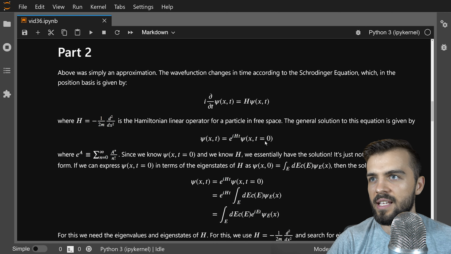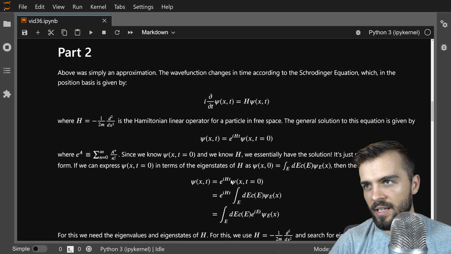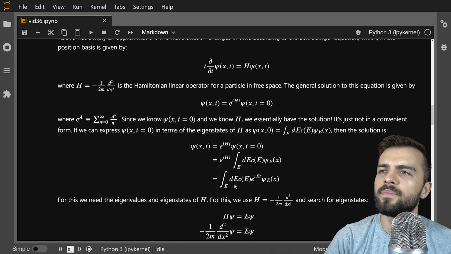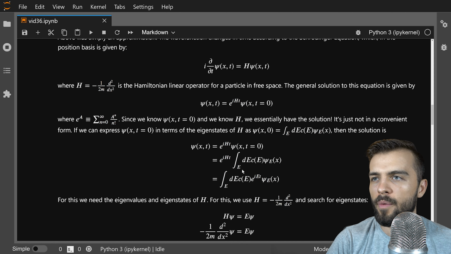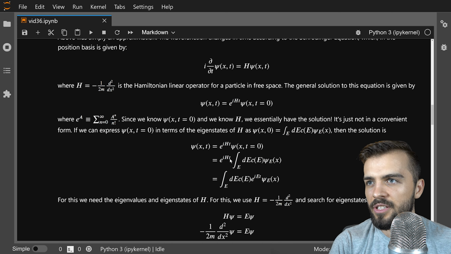Well, here's psi of x, t, what I have written above, e to the iht, psi of x, t equals 0. Then I expand it in this format here, right? And then I bring e to the iht inside this integral. So it doesn't work on the dE, it doesn't operate on the c of e. It goes to the psi e of x.